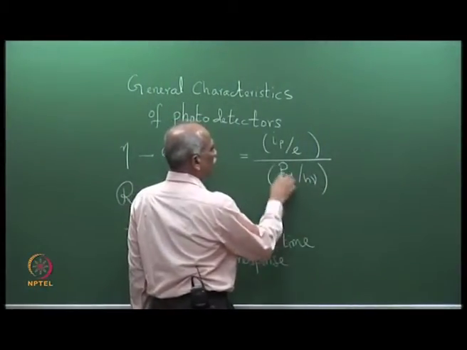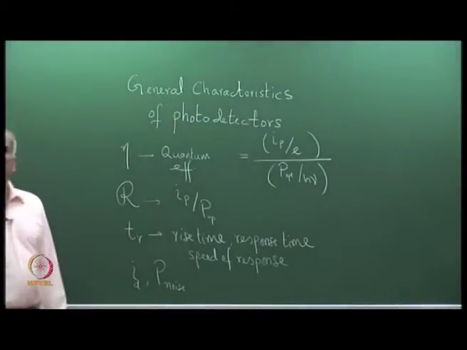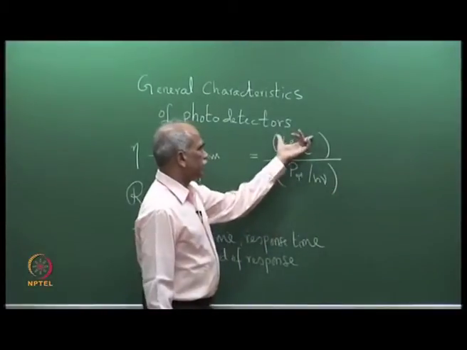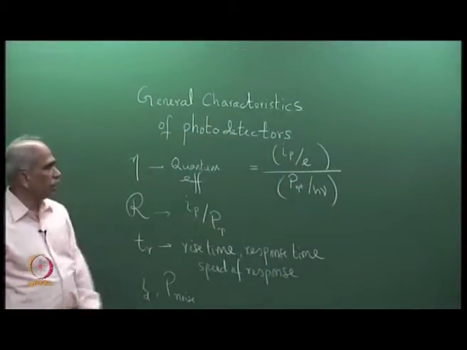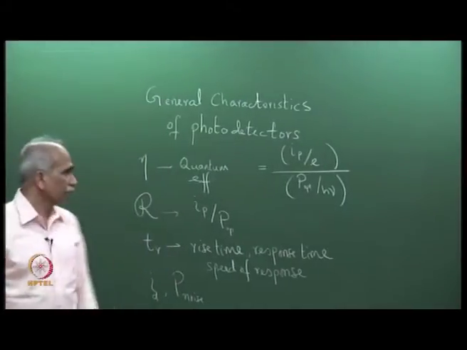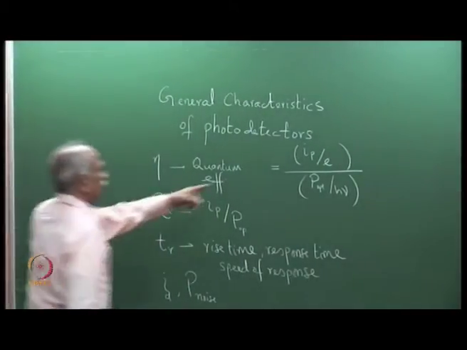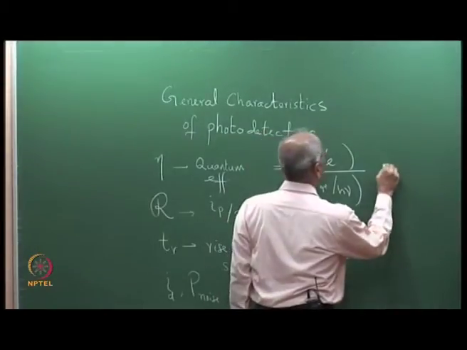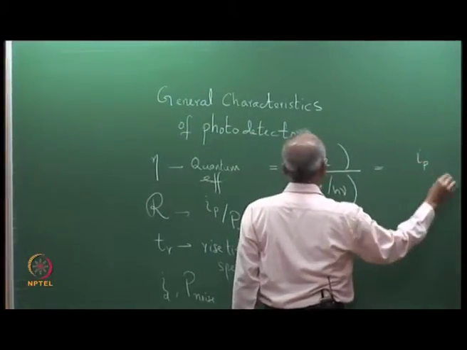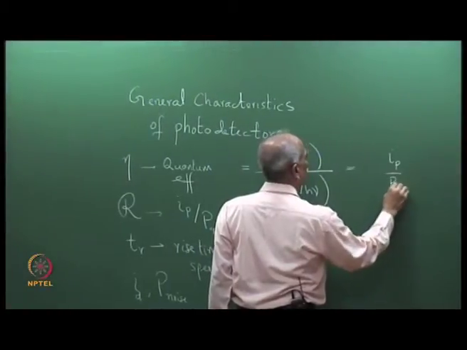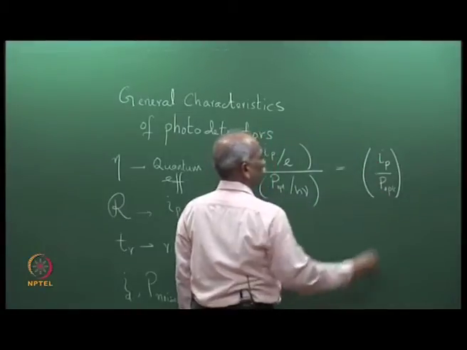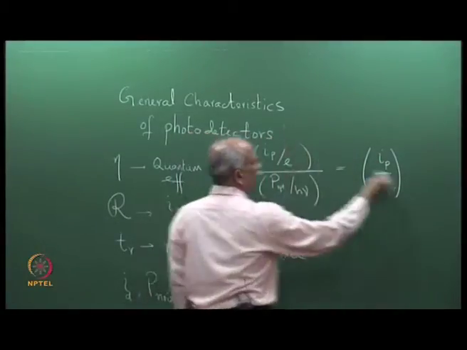So, the power incident divided by the energy of one photon gives you the photon flux, and this is the carrier flux, current is IP, and therefore divided by the charge gives you the number of carriers or carrier flux. So, this we have discussed, and this we can write therefore as IP by P optical, here into h nu goes to the numerator.